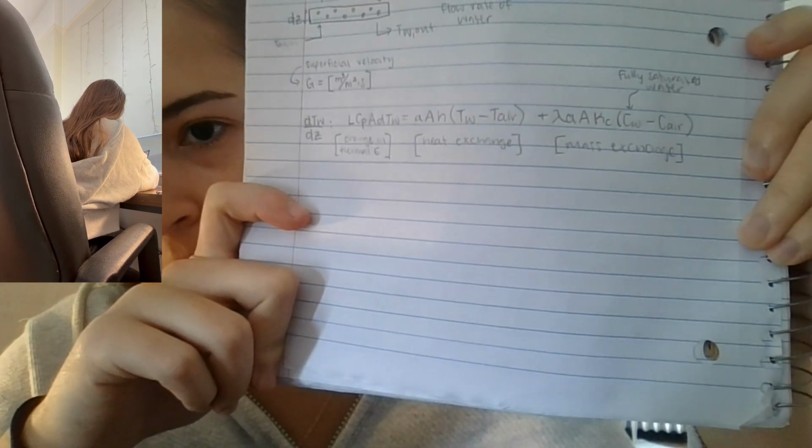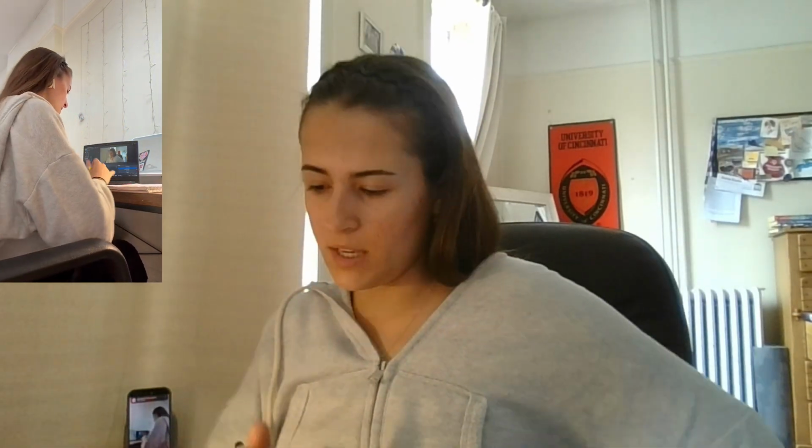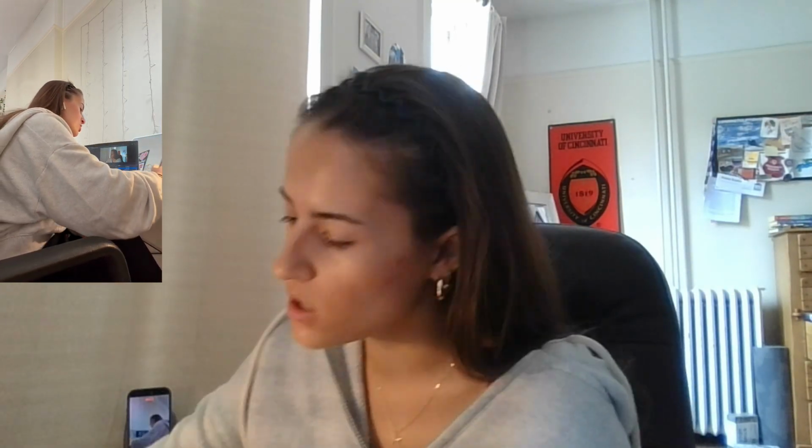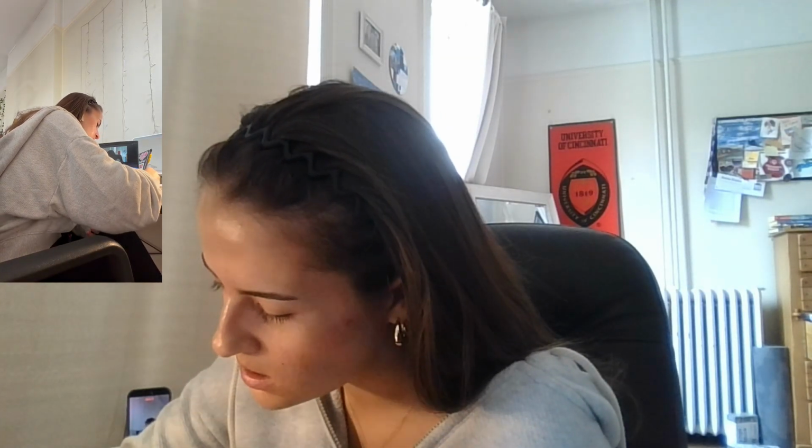And I forgot to add here, these also relate to our change in position. So we have our dz here at the end of both the heat and the mass exchange.